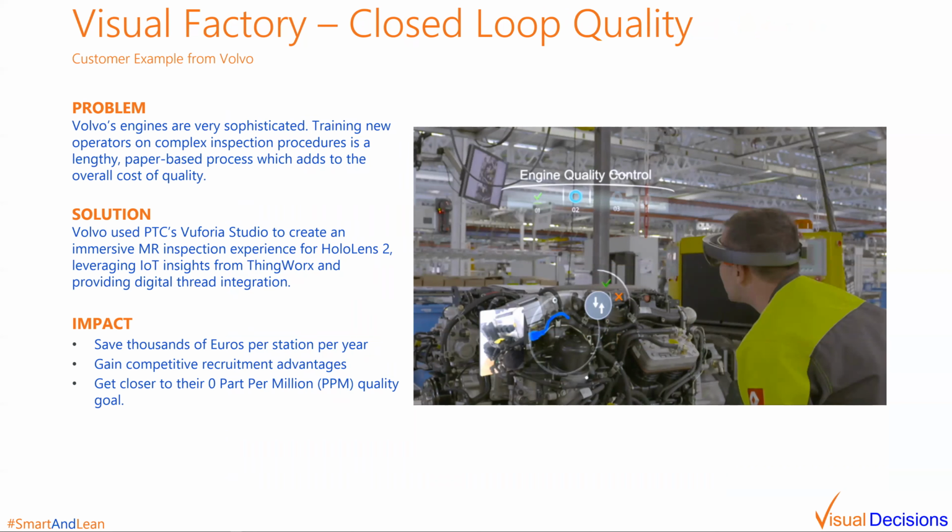Closed loop quality. This is one example from Volvo that comes from PTC, where within the inspection process itself, the inspectors utilize these glasses to be able to see how things are supposed to look and then how they look in real life. And the glasses will highlight any discrepancies between the two.